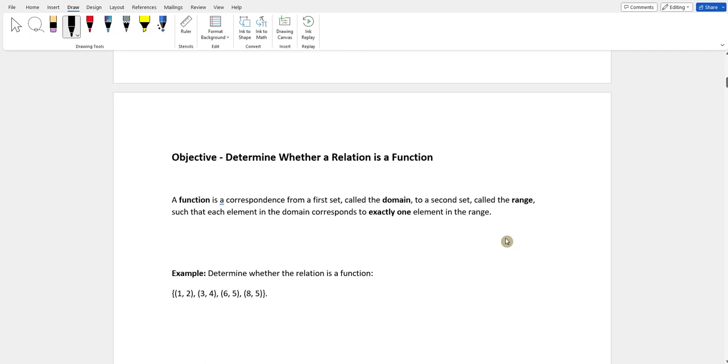Now we're going to determine whether or not a relation is a function. A function is a correspondence from the first set, called the domain, to the second set, called the range, such that each element in the domain corresponds to exactly one element in the range. So in order for this to be a function, an element in the domain cannot repeat itself.